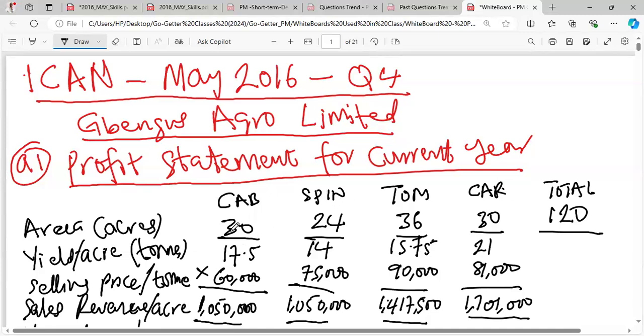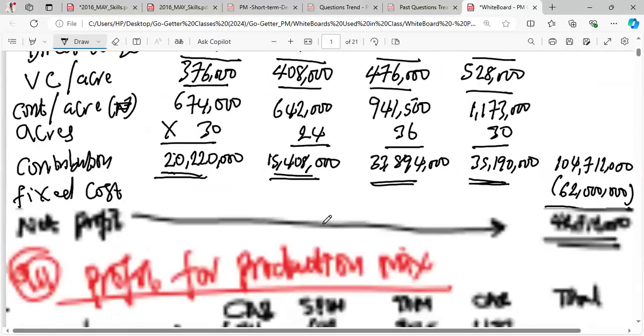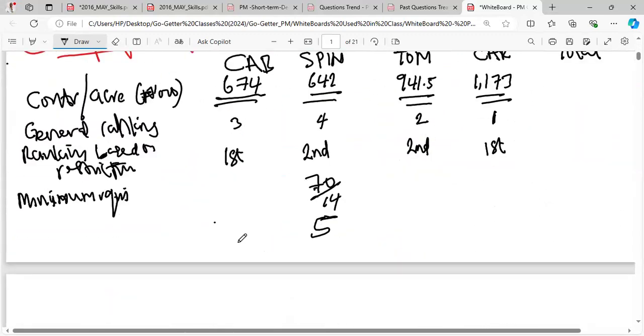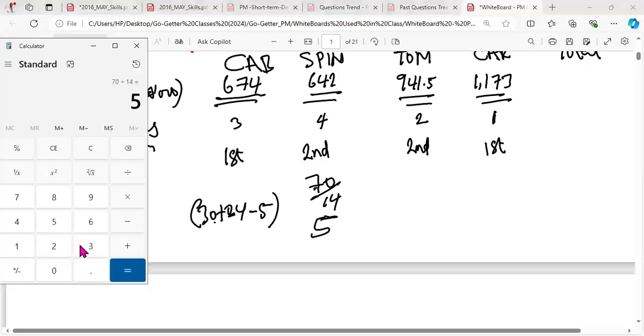So what I will do here, this is 30 and this is 24. So I will say this is 30 plus 24 minus this 5. 30 plus 24, that is the total land area available to cabbage and spinach, minus what you have just dedicated to spinach. That's what you will use for cabbage. So I will have here 30 plus 24 minus 5.